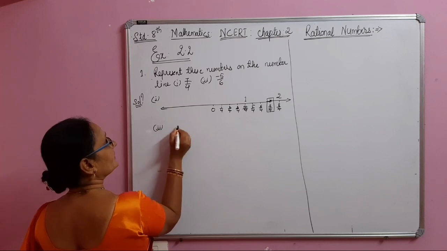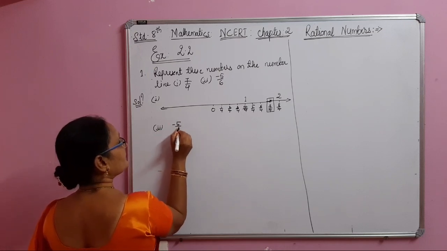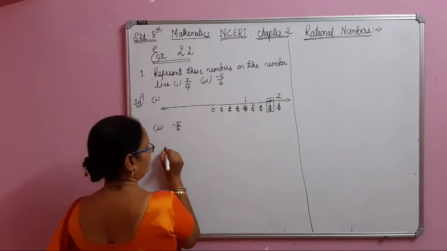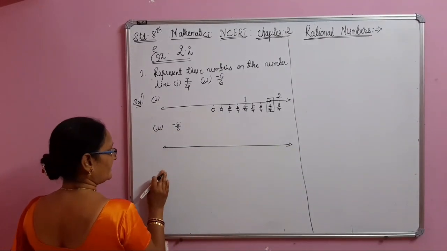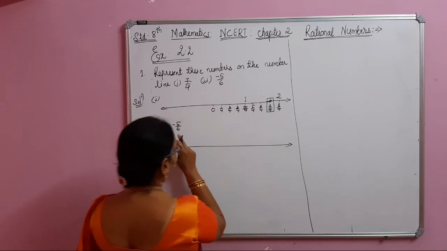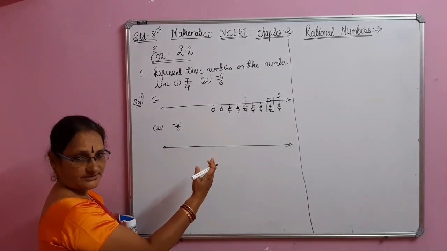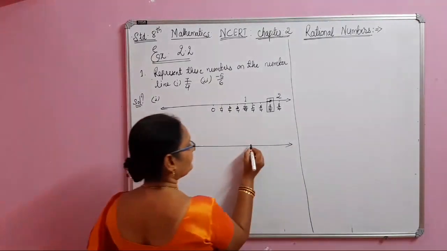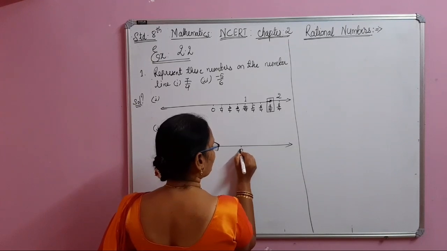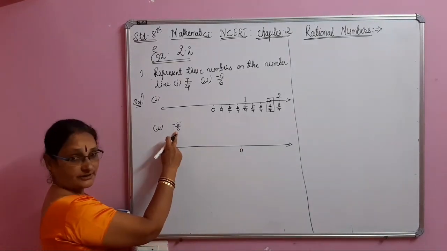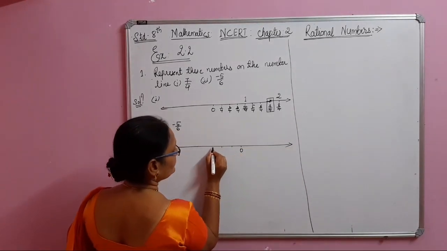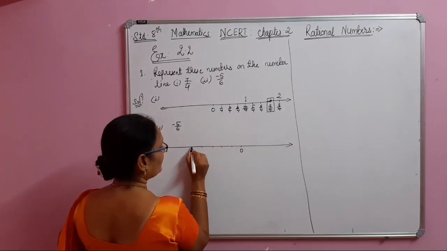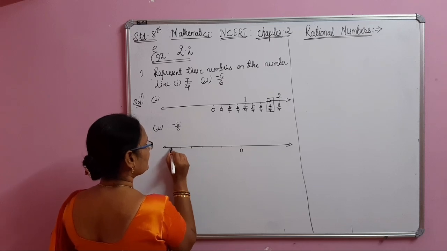Second one. See here, minus 5 by 6. How to locate? See, this is the number line. The number comes just left side of the reference point. Then how many parts do you have to make in 1 unit? 6 parts. 1, 2, 3, 4, 5, 6, 7.